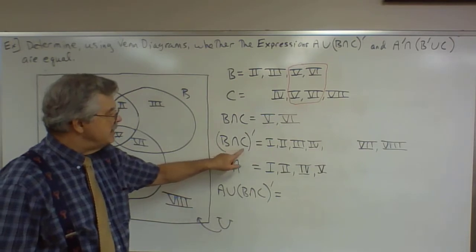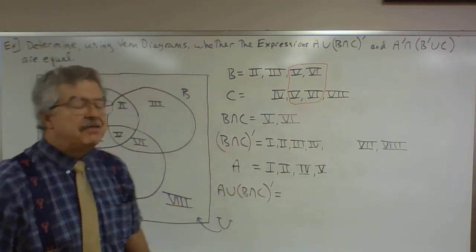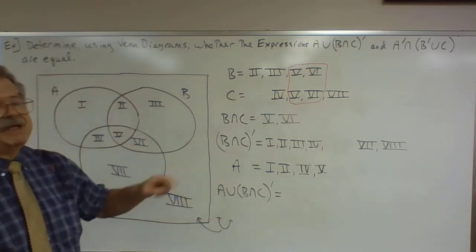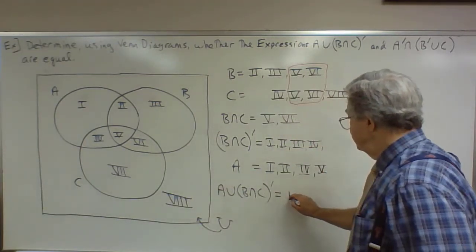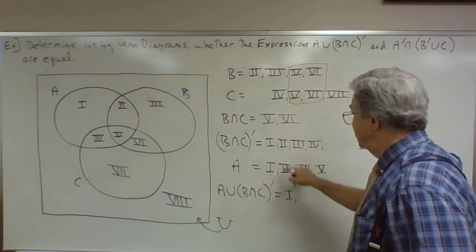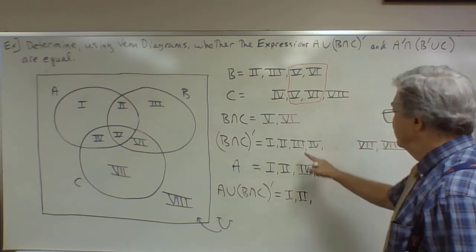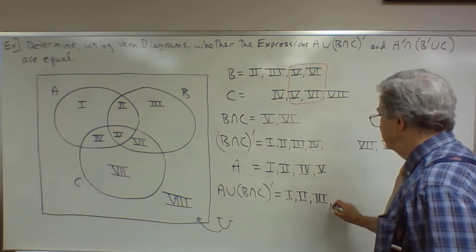Anything that's in B intersect C complement is going to be in here. Anything that's in either of these two sets is going to be in there. Region 1, region 2, region 3 is in B intersect C complement.